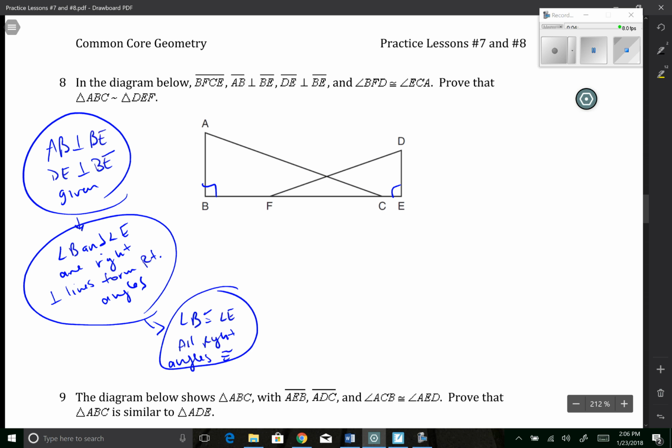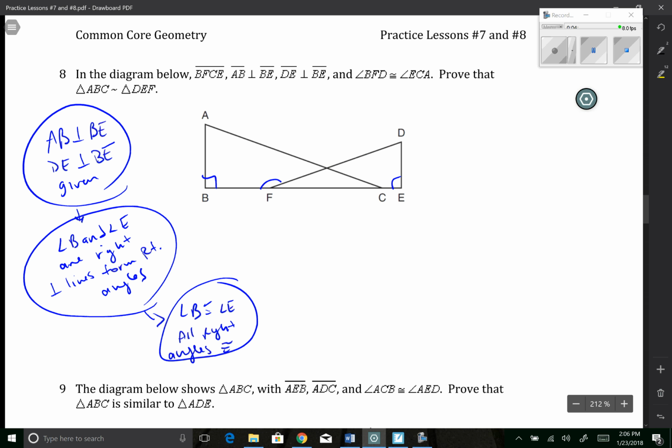So that's one angle, so now we just have to find one more. It then tells us that angle BFD is congruent to angle ECA. Well, that means this angle, which I'll call angle 1, and this angle, which I'll call angle 2, must be congruent because of supplements. So I'll say angle BFD congruent to angle ECA. That was given.